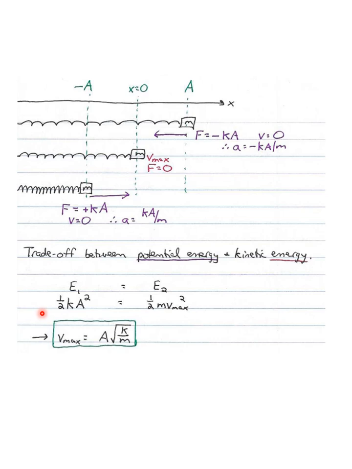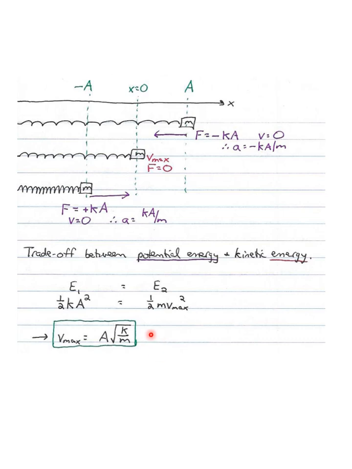So at position A, it's all potential energy, 1/2 kA squared, equals the energy at position 2 at equilibrium, it's all kinetic energy, so 1/2 mv squared. And since we've already recognized that's the maximum speed, let's call that v max. And then we can go through the algebra and solve for the maximum speed of this oscillator. So we can say the maximum speed is the amplitude times the square root of k over m.